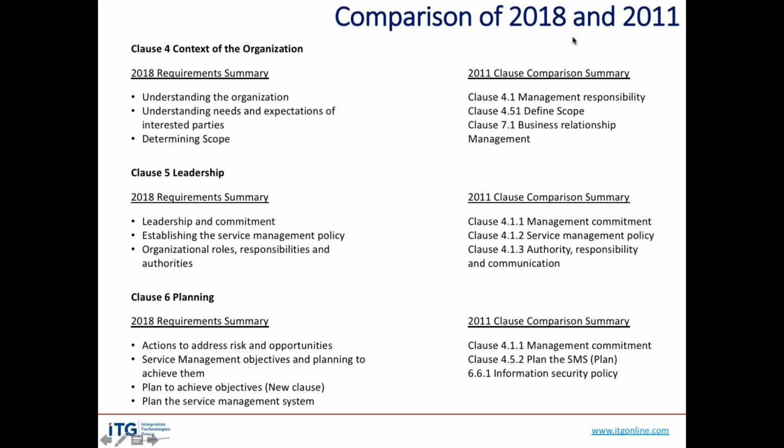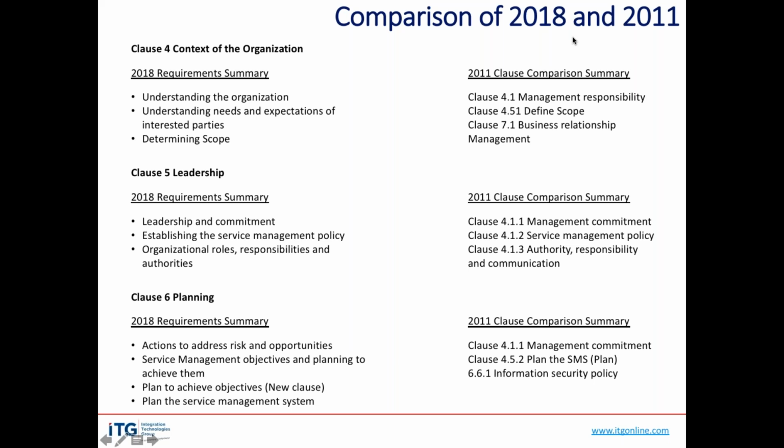The clauses from the old standard basically are inputted here, right? So clause 4.5.1, excuse the typo, where we define scope, and business relationships from clause 7.1. Those are all now moved over and housed in clause 4 of the new standard, okay?